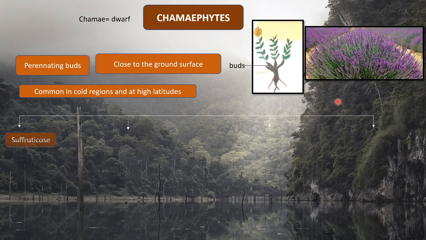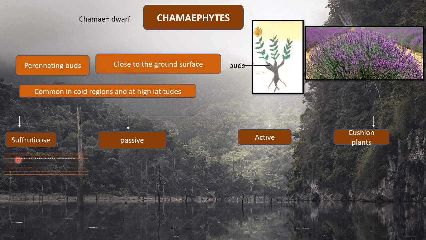So these are basically divided into four types. Chamaephytes could be suffruticose, passive, active and cushion plants, right? So let us understand what are suffruticose chamaephytes. In this type of chamaephytes, the perennating buds arise on the lower portion of the erect stem.